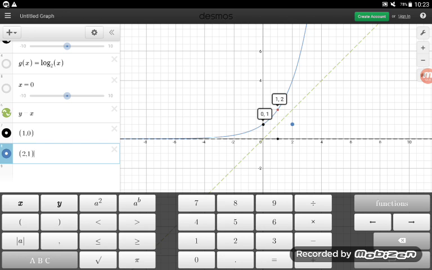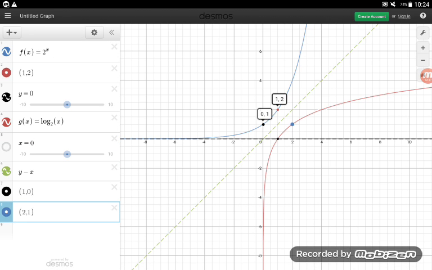Alright, so I'm going to show you guys how the log x to the base of 2, the g of x, graph looks like. I hope you guys have already taken a good guess. There you go. The red line, that is the graph of my log function.